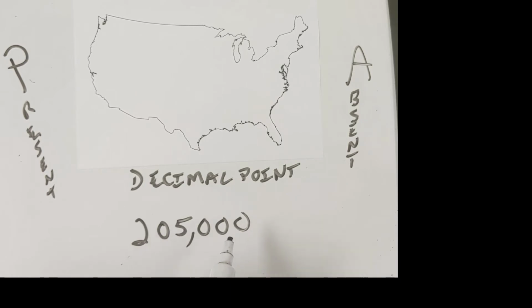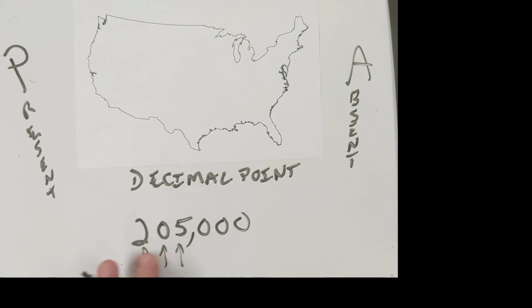So the first number we come to that's not a 0 is the 5, and then we continue counting every number after that, moving this way. So we start on the A because the decimal point is absent. We move from right to left. We start counting when we get to the first digit that's not a 0, and we count everything beyond that to the left. So in this case, that would be 3 significant figures because we don't count these when the decimal point is absent.